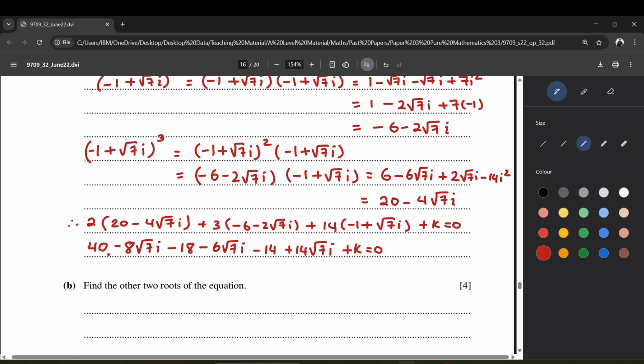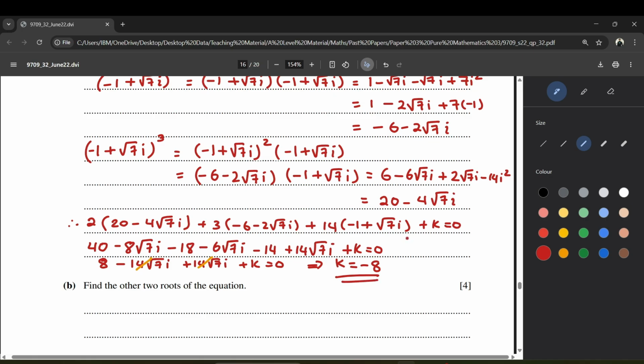All right, so 40 minus 18 minus 14, that will be 40 minus 32, so we would get 8. Okay, then minus 8 root 7 minus 6 root 7, that makes minus 14 root 7i. All right, and here we have plus 14 root 7i. All right, then we'll be left with plus k, so this cancels out and this cancels out, so therefore the value of k will be minus 8.